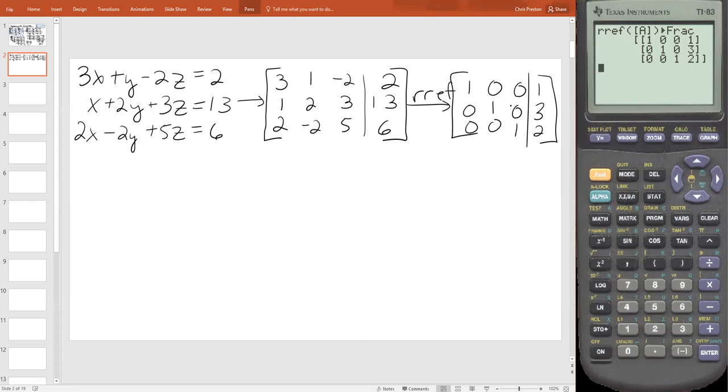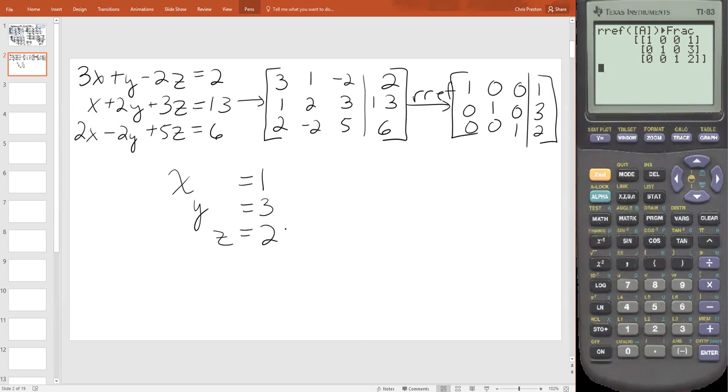So if I do that here, what I would see on the first line is 1x, no y's, no z's, equals 1. Translating the second line, I have no x's, I have a y, no z's, equals 3. And on the third line, I have no x's, no y's, 1z equals 2.